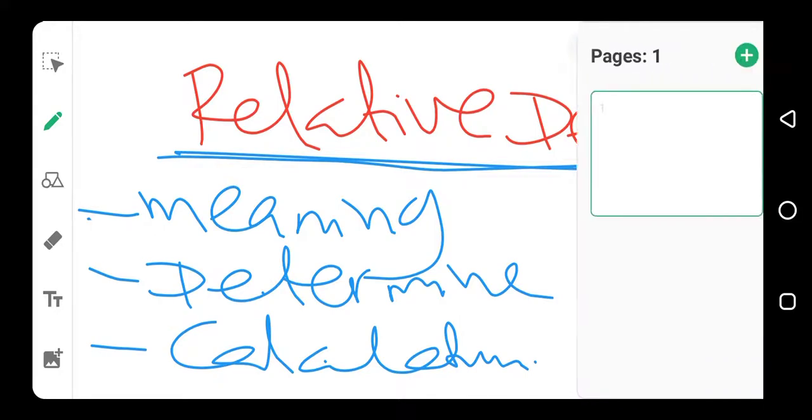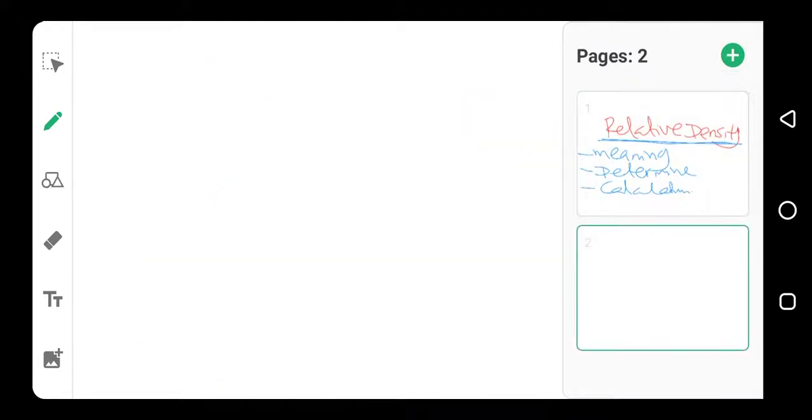Now, meaning: when we are talking about relative density, we are trying to express the density of a substance relative to the density of water. That is, relative density compares the density of different substances with the density of water.